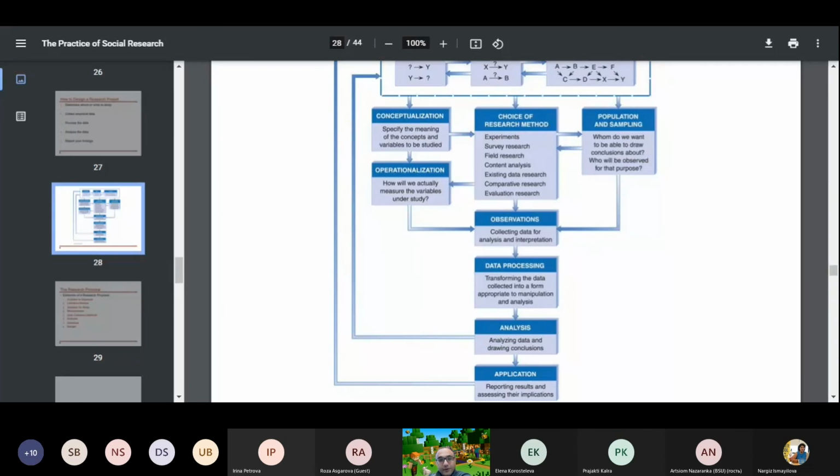Is anybody brave enough to say what kind of methods we can use and why? About fear and vaccination. Anyone? No?